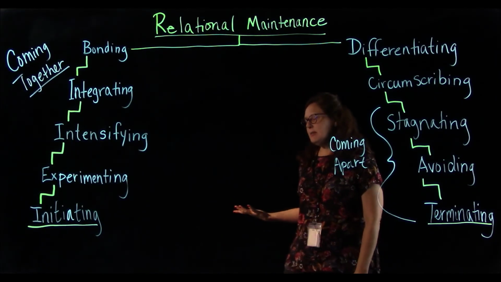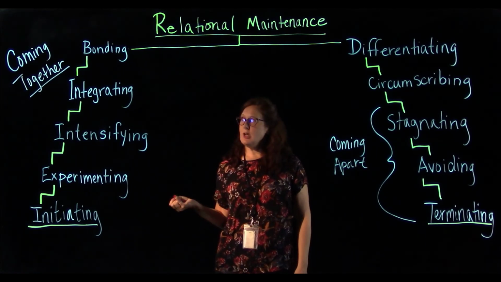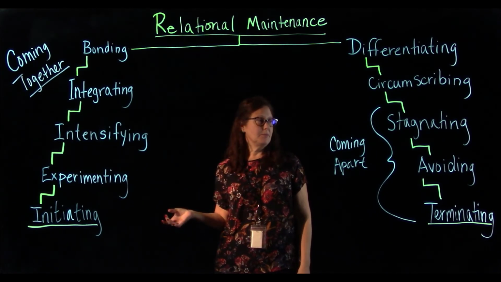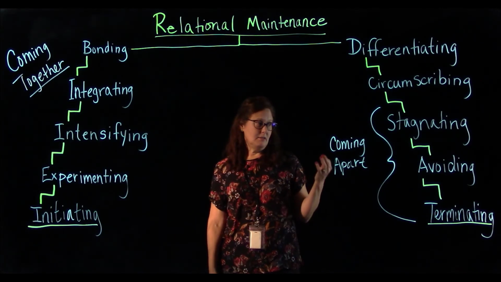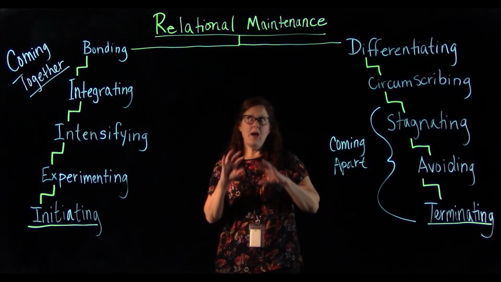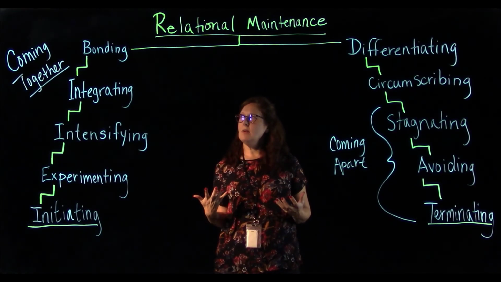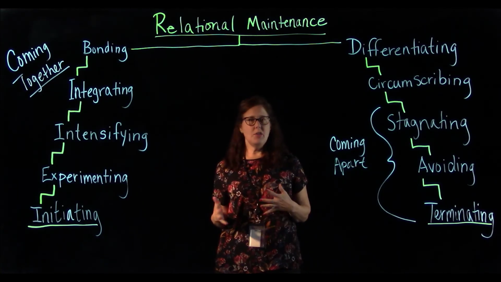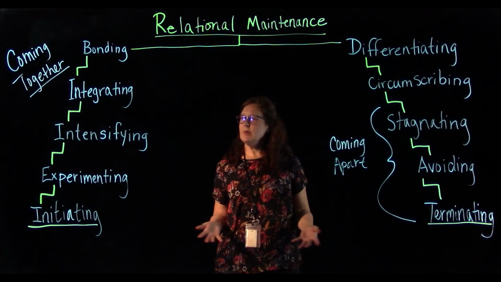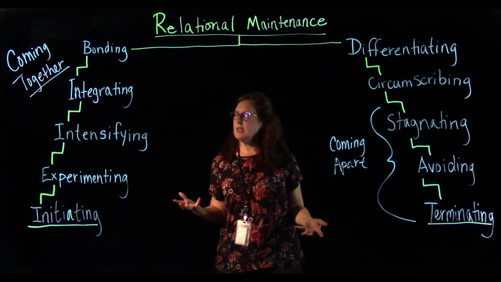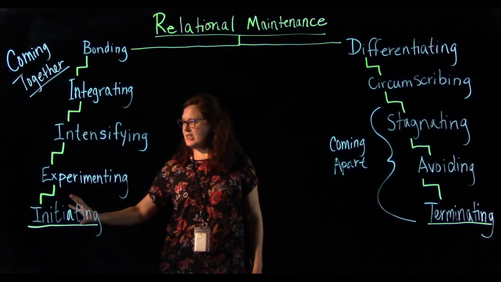So these relationships can be for coworkers, if you start a new job, classmates, family, friends, romantic, non-romantic. So I want you to think of the overall structure and the construct of relational maintenance, and know that Mark Knapp came up with these 10, and it's always a lot of fun to talk about it because we can look at our own relationships and go, oh, okay, I remember when you and I initiated.